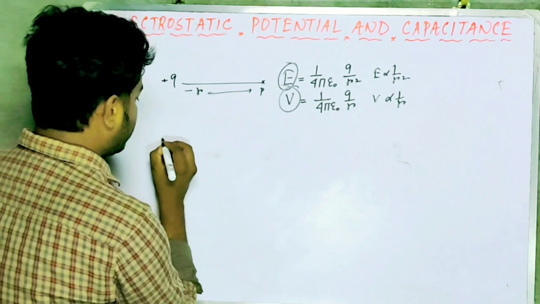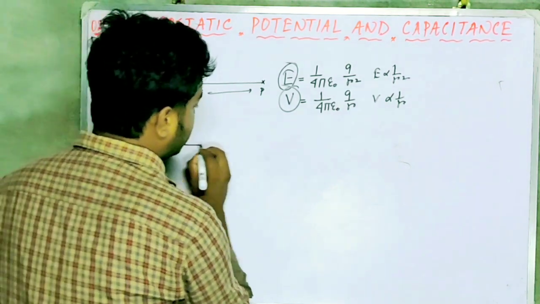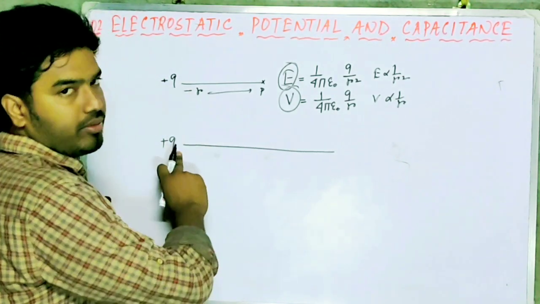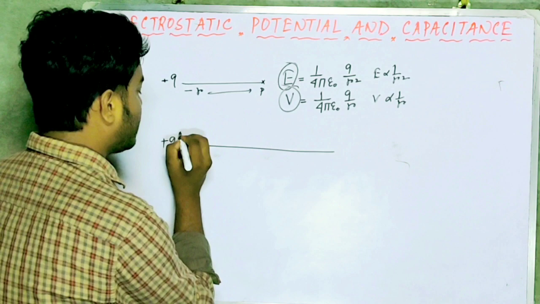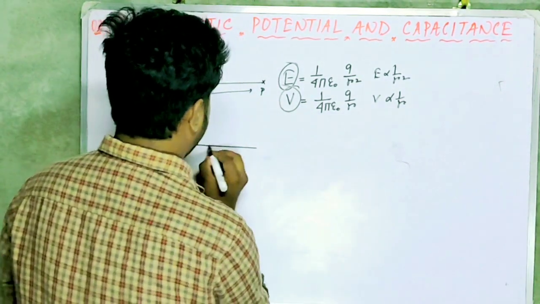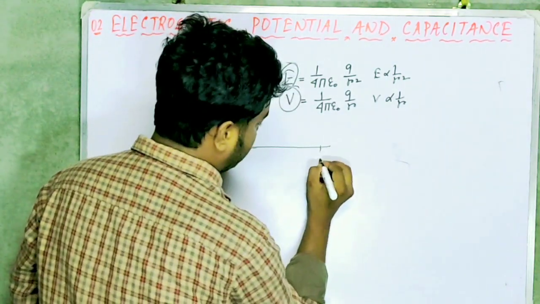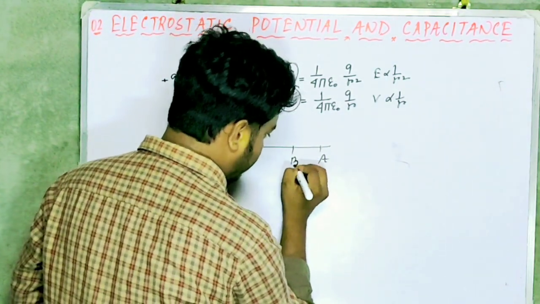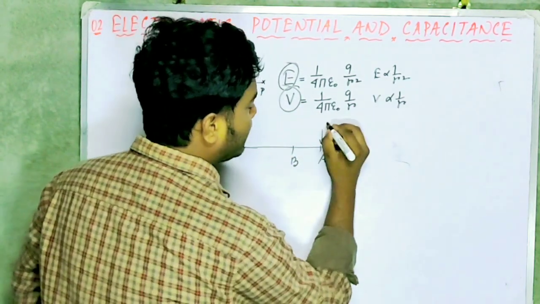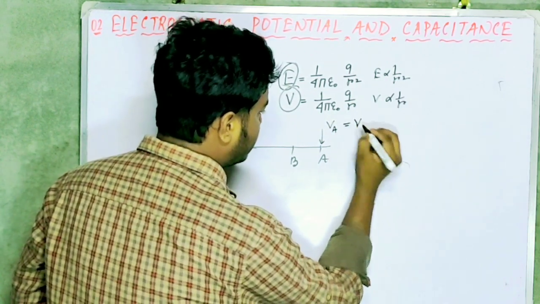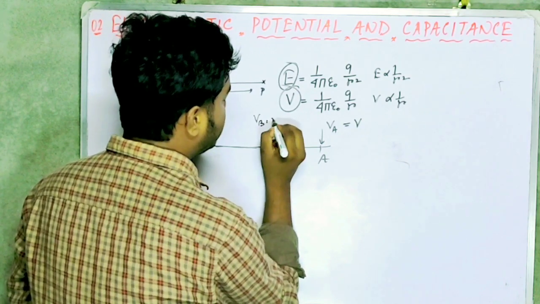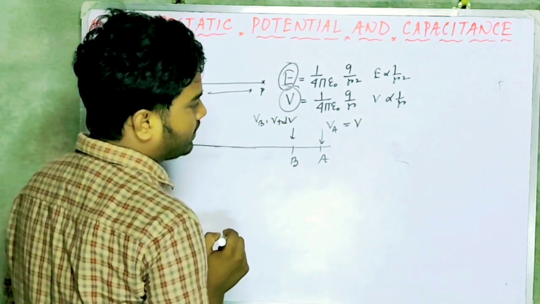Suppose there is a point charge plus Q. We consider an electric field E due to this point charge plus Q, which is placed at origin O. Now we consider two adjacent points, here A and here B, and the electric potential at point A, suppose VA is equal to V, and at point B, VB is equal to V plus dV.